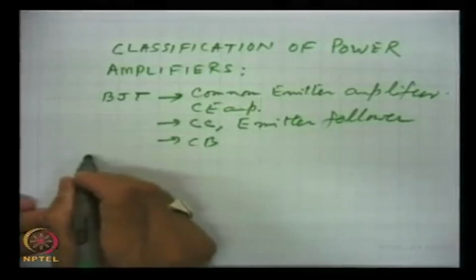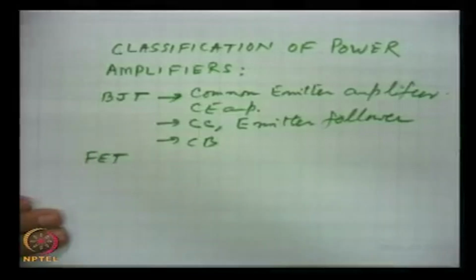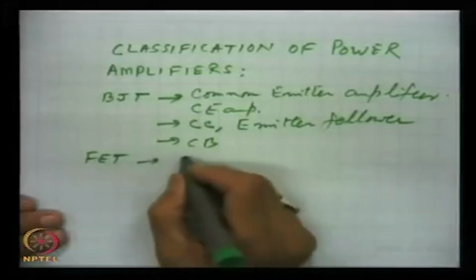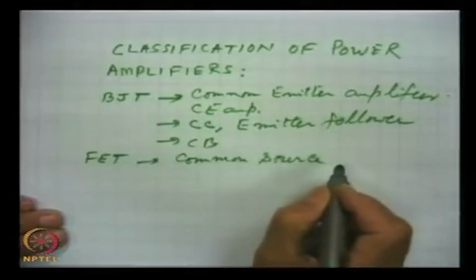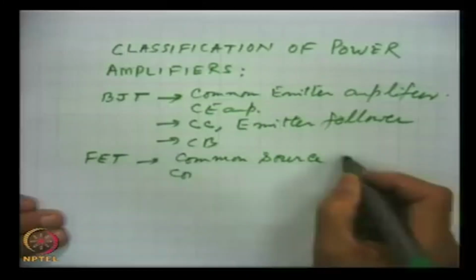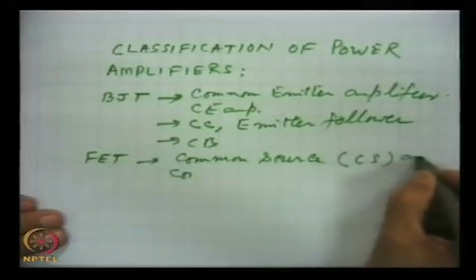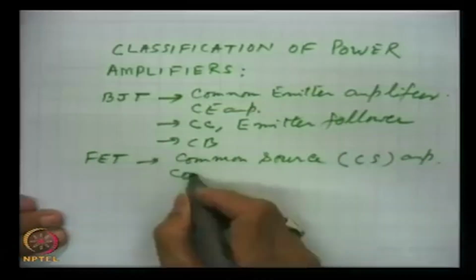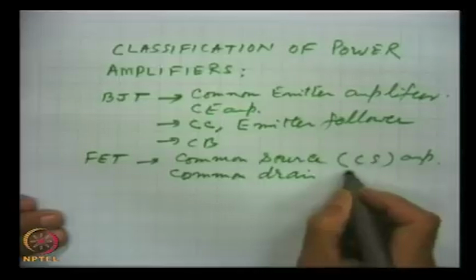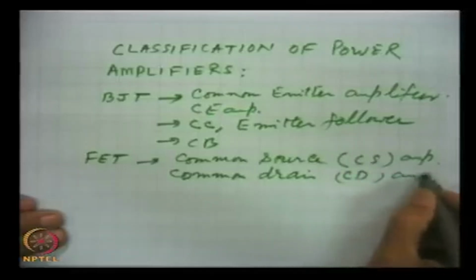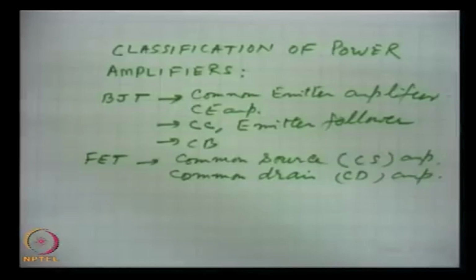Similarly, in FET or MOSFETs, the classification was common source, CS amplifier, and common drain, CD amplifier, or drain follower, as it is emitter follower, this is drain follower, and so on.